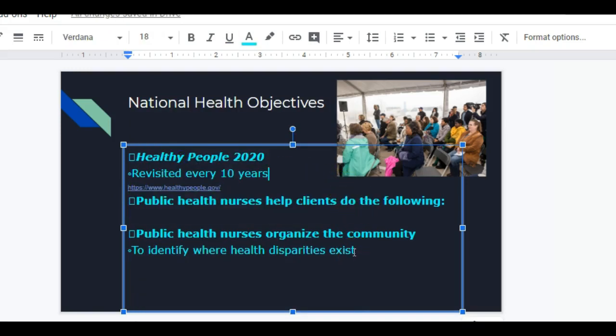So public health nurses can use Healthy People 2020 to identify unhealthy behaviors and develop strategies to improve their health. Public health nurses can organize the community to identify where health disparities exist. So I was recently asked to help write a grant at a school where I work as a volunteer nurse. I work in a school district that does not have formal nursing care, and so there are a clutch of us that do volunteer work for the school.